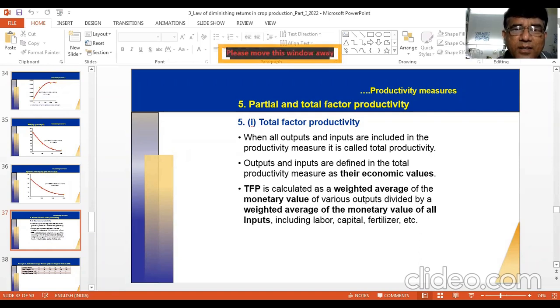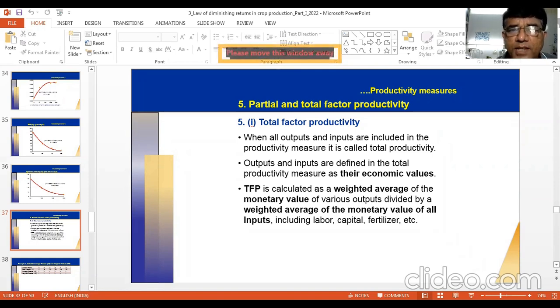So you convert their values into money terms: how much money you spent in 1 hectare on herbicide, on plowing of the field, on seed, and your different units. You also know the value of the output. The monetary value of the output divided by the monetary value of the input gives you total factor productivity, meaning all factor productivity.